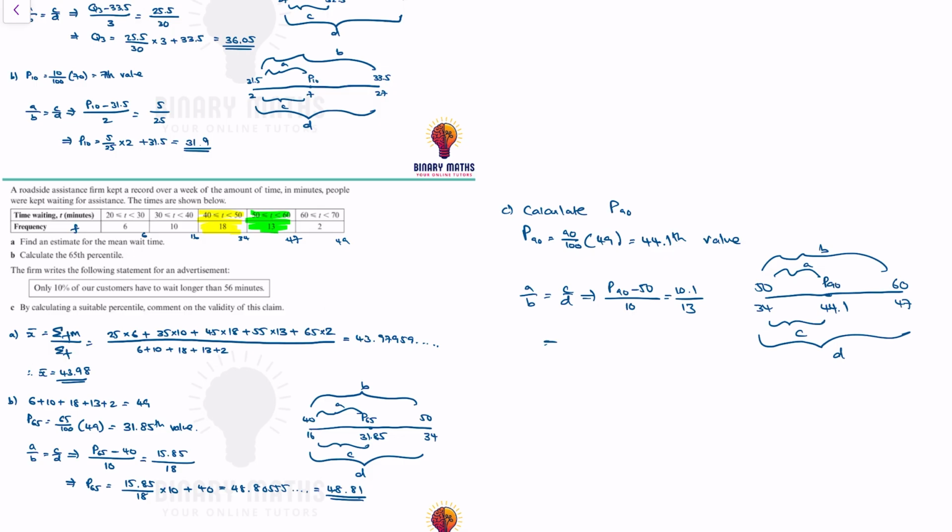If I rearrange it, I get P90 is equal to 10.1 divided by 13 times 10 plus 50, which gives me 57.76923, which is equal to 57.77 minutes.